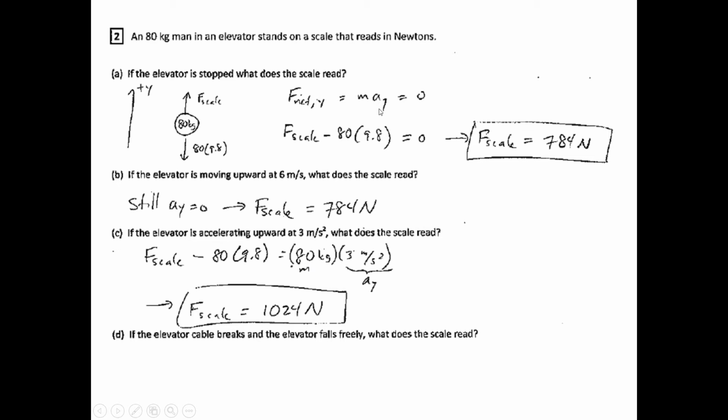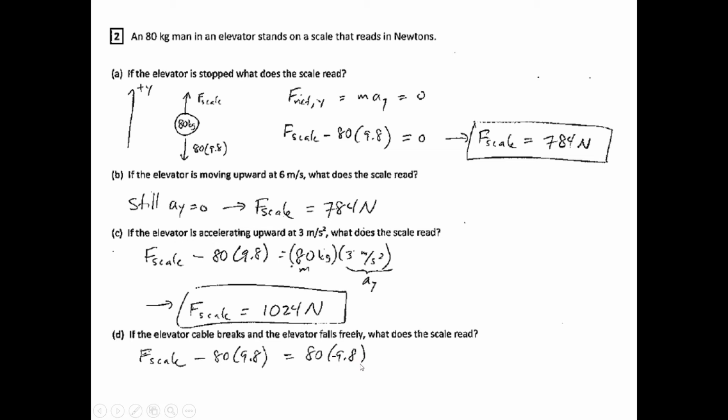What's changed now is that I'm not accelerating up at 3 meters per second squared anymore. I'm accelerating downward at 9.8 meters per second squared if I'm in free fall. And so the change is that on the right-hand side, we have an 80, so this is F net, or the sum of the force Y components, equal to m times AY, and AY is minus 9.8 if plus Y is up and we're accelerating downward in free fall.